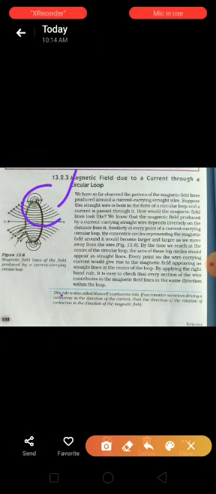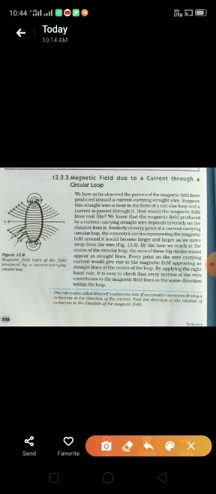So students, this direction shows clockwise and this direction shows anti-clockwise. If the current around the face of the coil flows in the clockwise direction, then the face will be south pole.